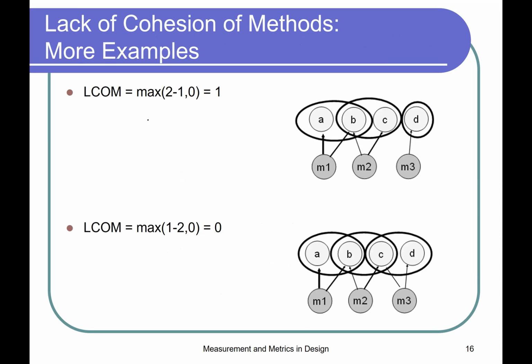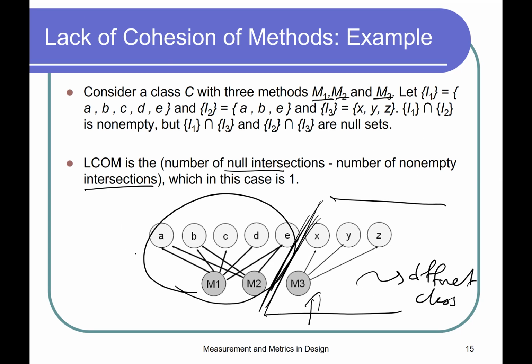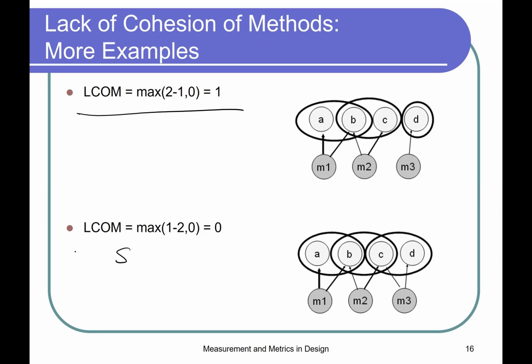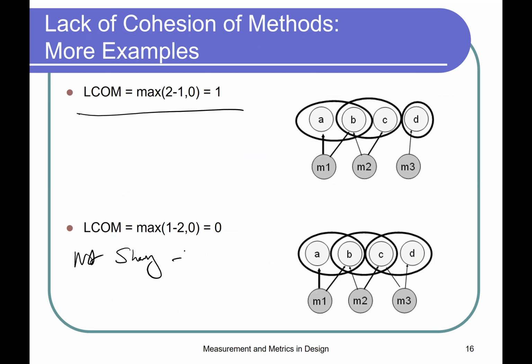Okay, let's take a look at a different example. This is the one we've just computed. Now let's take a look at this example. What did we say over here? Not sharing minus the sharing. So M1 and M2, sharing, yes.